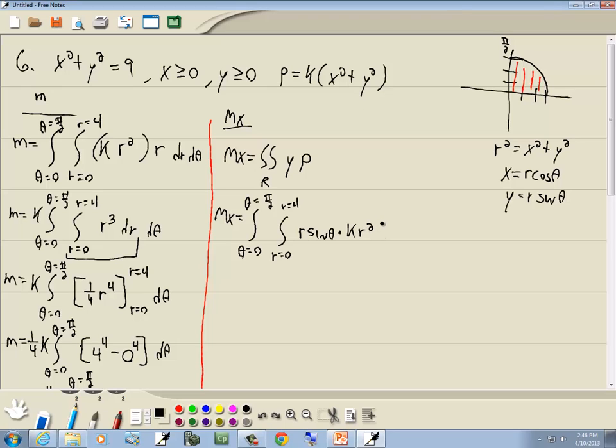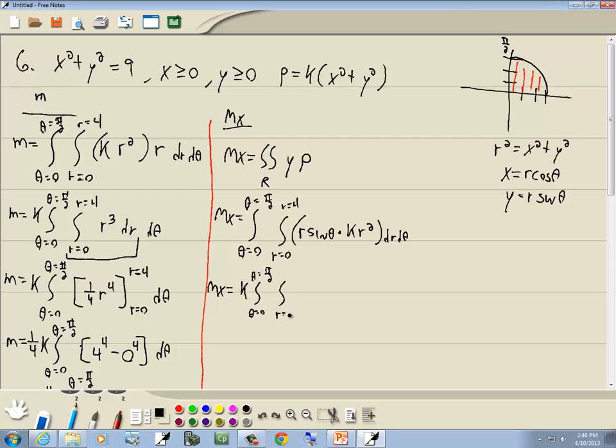So k r squared, and then that's dr d theta. Okay, well, we'll put the k out in front. Theta is equal to 0 to theta is equal to pi over 2.